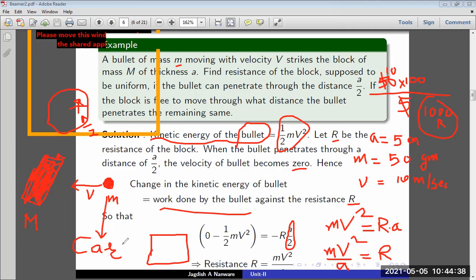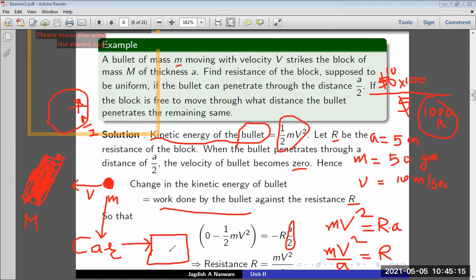So what is the resistance? Whenever this car is moving, it has some mass and velocity, then you can find the kinetic energy by this formula. So what is the resistance of this block, maybe another vehicle or someone? But here you have to keep this in mind: this block is fixed. It is not moving. Sometimes we see that an accident took place when both the vehicles are moving.